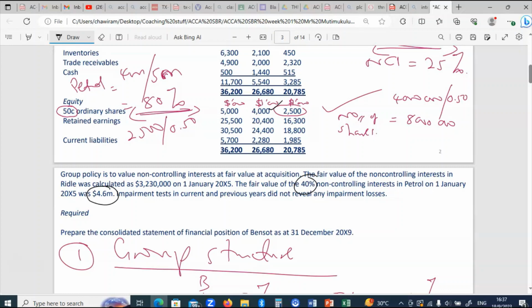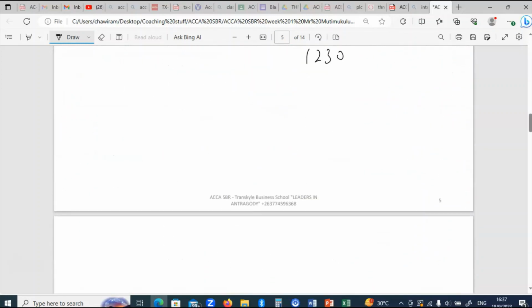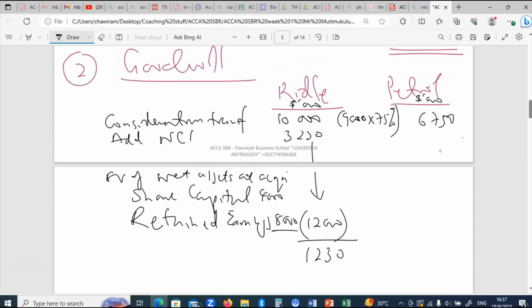So you then have to use the fair value of the NCI when the company Petrol became part of the group. That is on 1 January 2005 when Ridu was purchased by the parent. Are we together? So this is the amount we are going to use. Okay, so that's 4.6. So NCI here is 4,600.